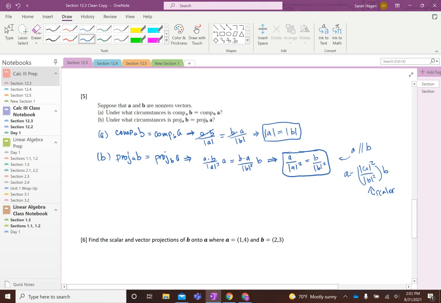And then she said, okay, well, let's have A divided by the length of A, that's going to equal B divided by the length of B. And then the claim was, well, these two are parallel from over here, but then they're also unit vectors.